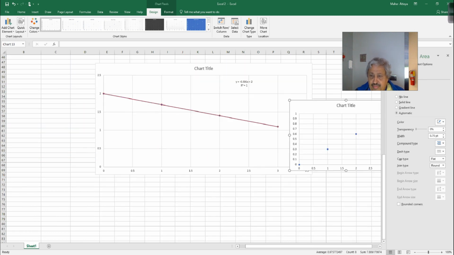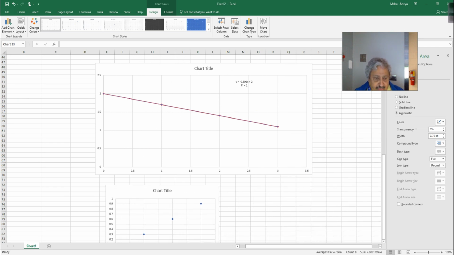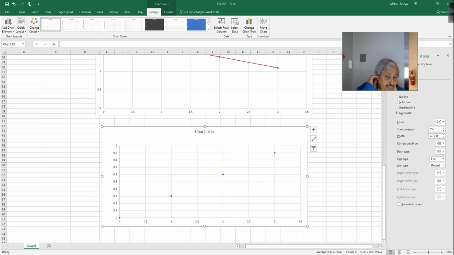So that's the third one here, guys, the correct one. Let me just expand it here for you. The x-axis is all the time concentration, and this is the absorbance.